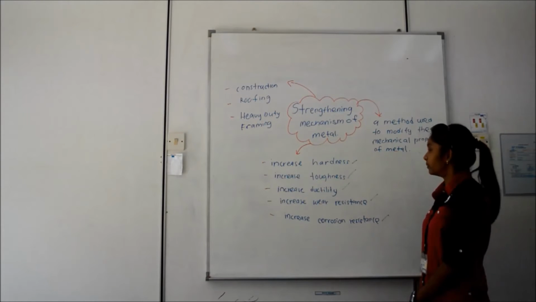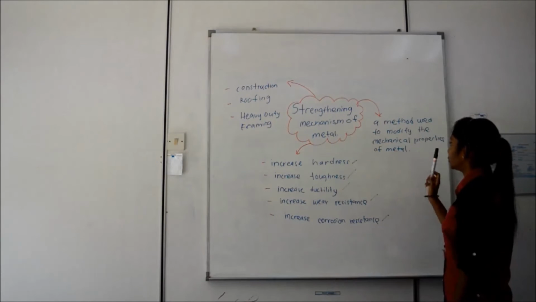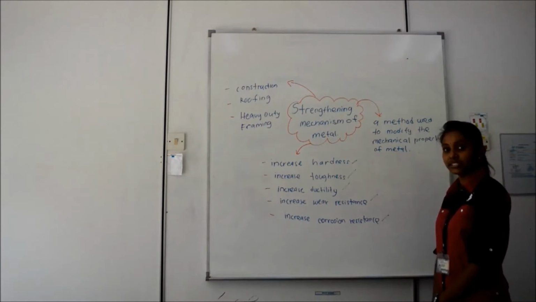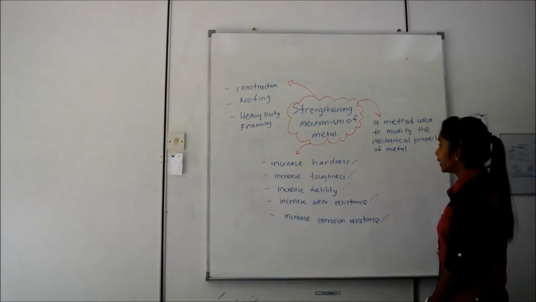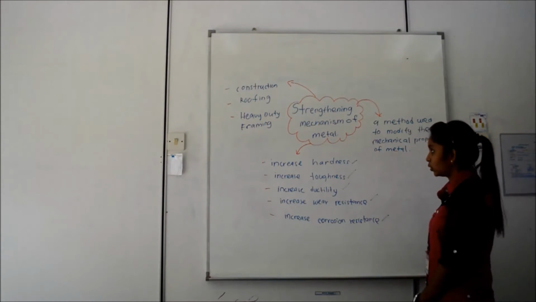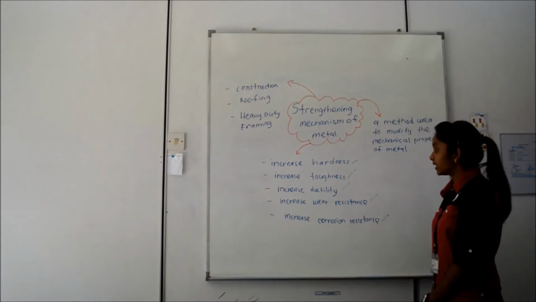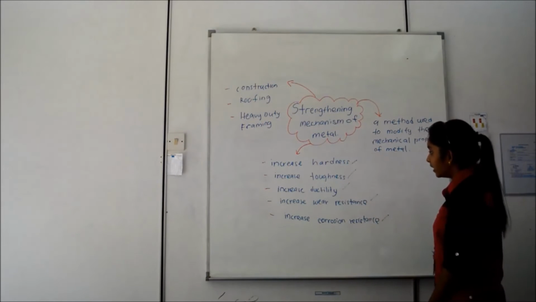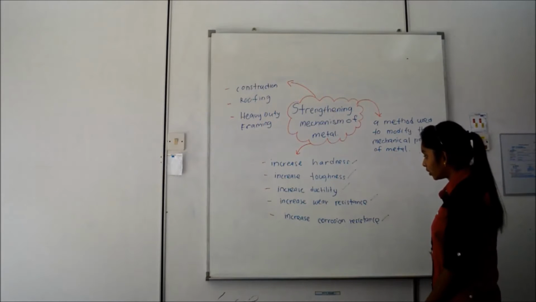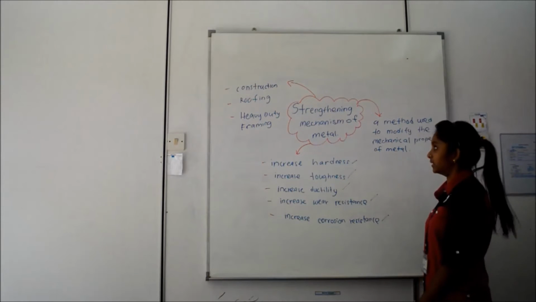Strengthening mechanism of metal is a method used to modify the mechanical properties of metal. We use strengthening to increase the hardness, toughness, ductility, wear resistance and also corrosion resistance of a metal.